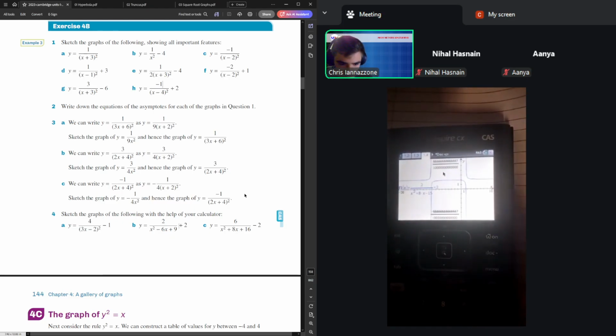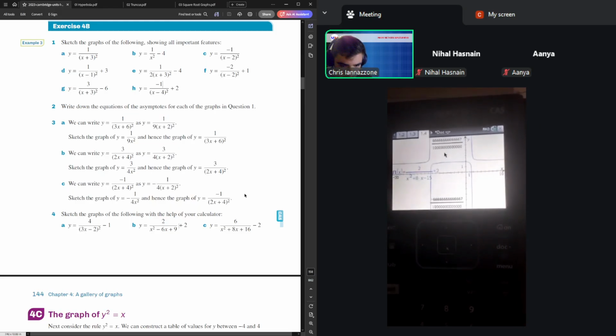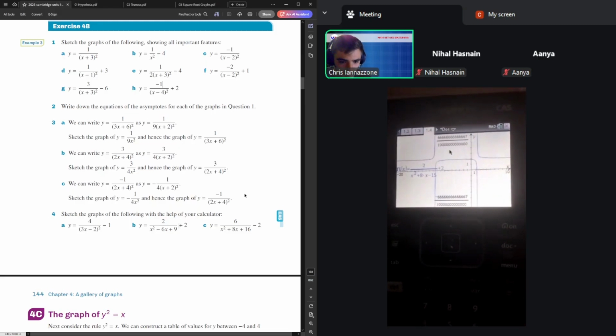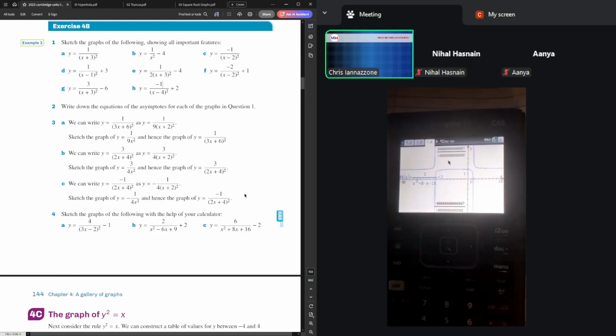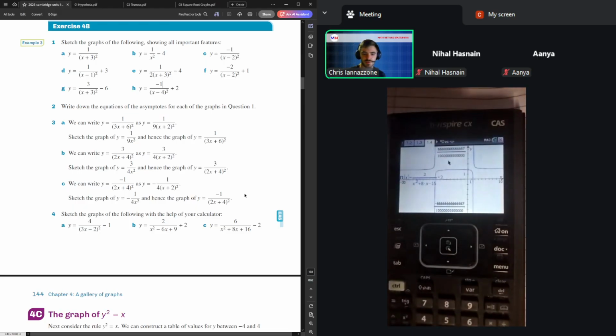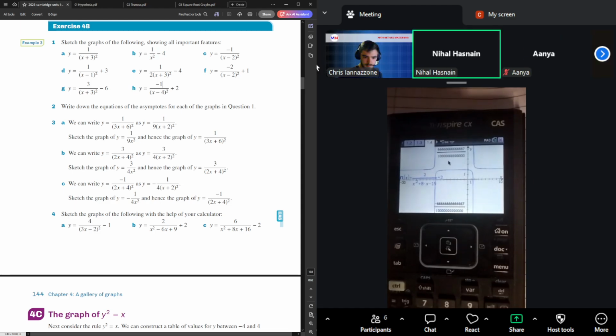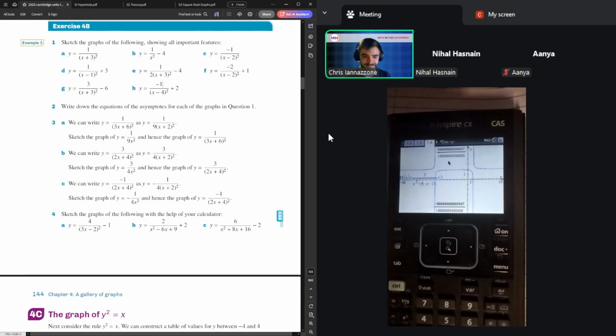Before I explain what's going on in this graph, does anyone want to take a stab at why what's happening is happening? This is more so going to be on theory of graphs. Is it got something to do with the fact that it's a quadratic on the bottom? Yeah, certainly.